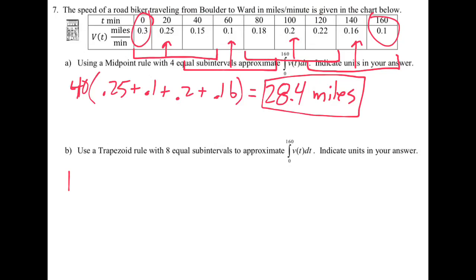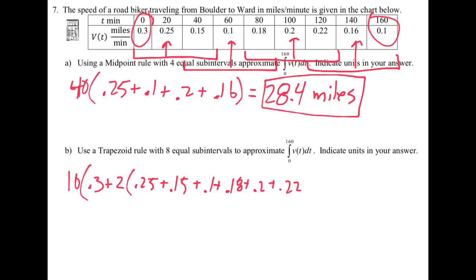So I'm going to be multiplying 10 by my first height, which is 0.3, plus 2 times all my middle heights, 0.25, plus 0.15, plus 0.1, plus 0.18, plus 0.2, plus 0.22, plus 0.16, close that parenthesis, that's the end of the doubles, and then plus that last 0.1 just one time. Crunch this, you should get your value for this approximation for the trapezoid rule.